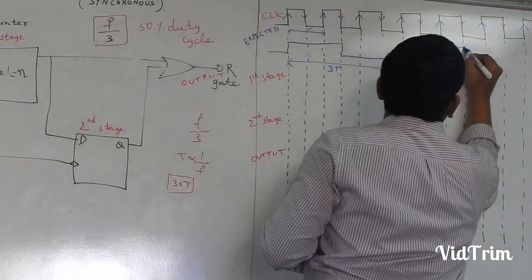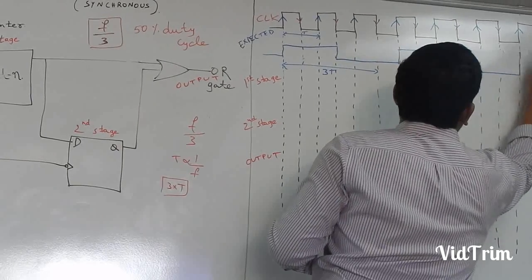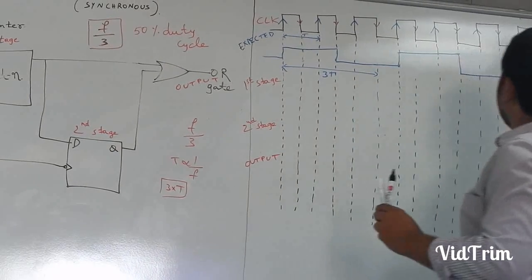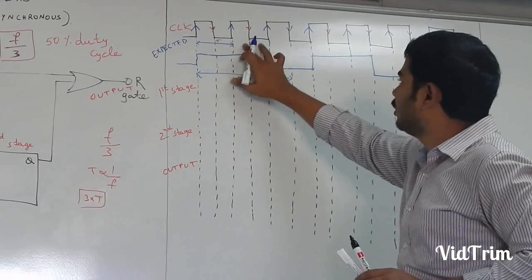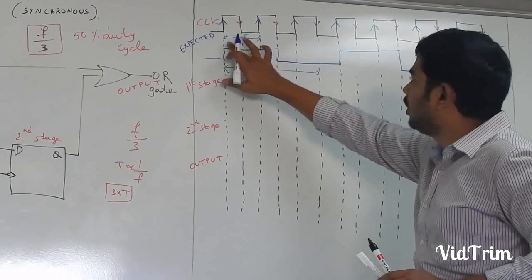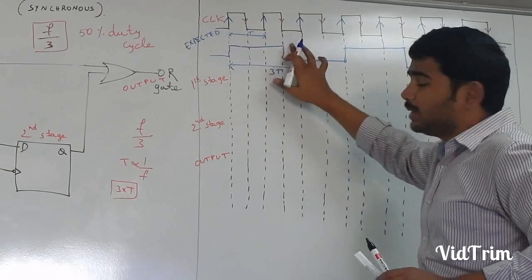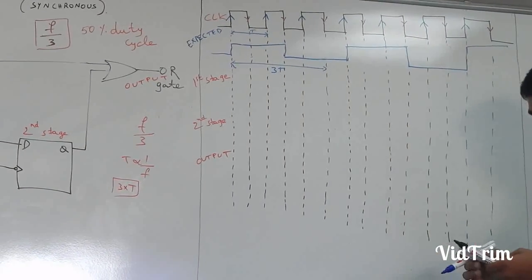So 50% on and 50% off, and it repeats. You can see clearly 1 time period, 2 time periods and 3 time periods. So every 3 time periods in the expected waveform only one cycle occurs.